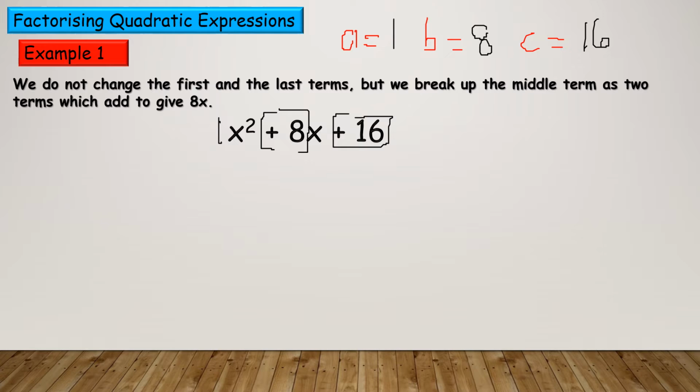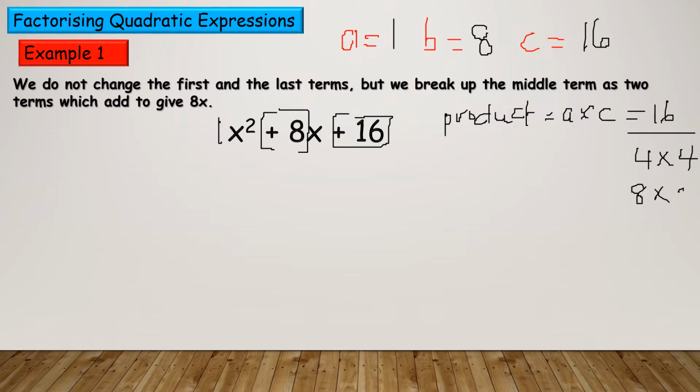Now we have to find a product that is a times c. So that's 1 times 16, and that is 16. What are all the combinations of two numbers that, when we multiply them, we get 16? That is 4 times 4, 8 times 2, 1 times 16.